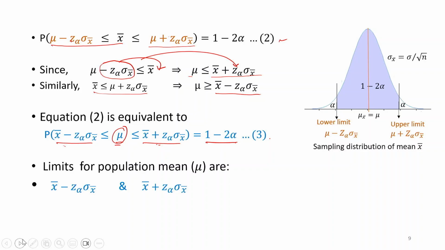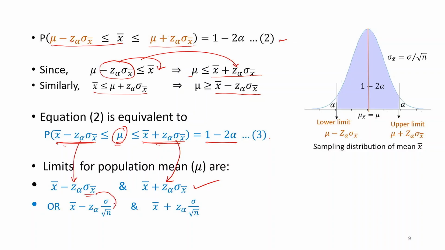And therefore these two become my limits, upper limit and lower limit, or we can say that is what the confidence interval is. And in the next equation, sigma x bar, this is what we are changing to sigma by root n.